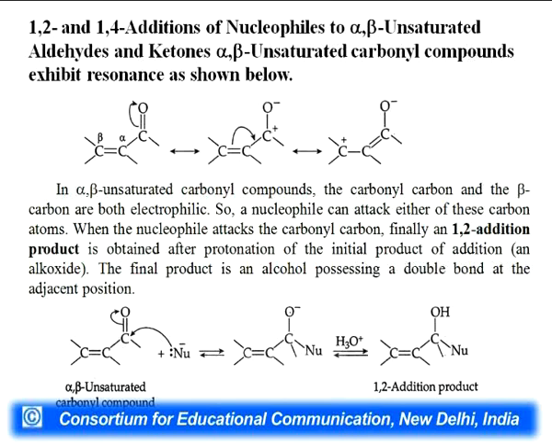So, we can say it is the 1,2 addition product. In the reaction, you can see the nucleophile first attacks the carbonyl carbon of the alpha beta unsaturated compound, then there is an addition product, and after hydrolysis the product is the 1,2 addition. The double bond is in the alpha beta position.